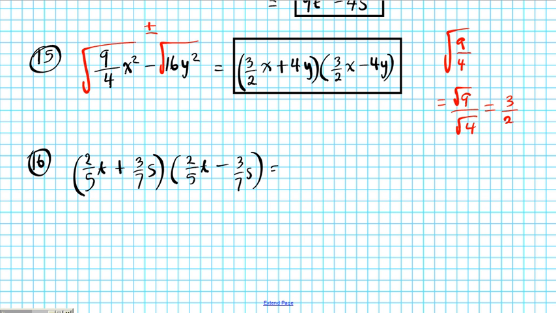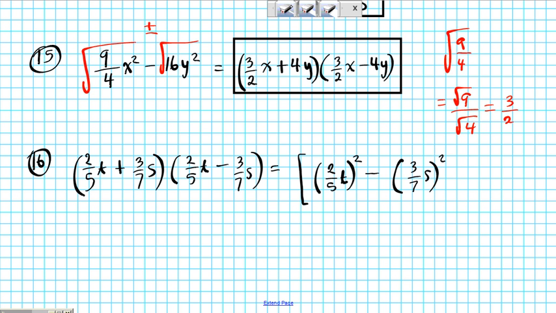This is a sum and difference of squares. How can we expand this using the shortcut we just learned? All we do is take the first term, 2 over 5 t, and we'll square it, minus the second term, 3 over 7 s, and we'll square that.